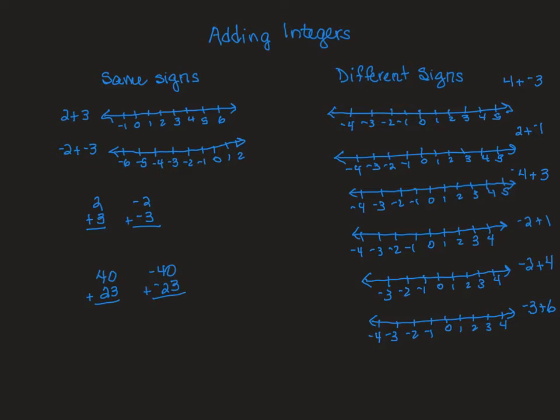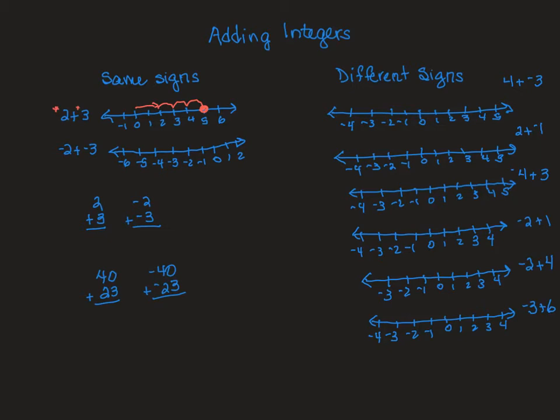Remember that if I have 2 plus 3, those are positive numbers, right? We don't put the positive, but we know they're positive numbers. So 2 plus 3 is, I go to 2 on my number line, and then I add 3. 1, 2, 3. And my answer is 5.